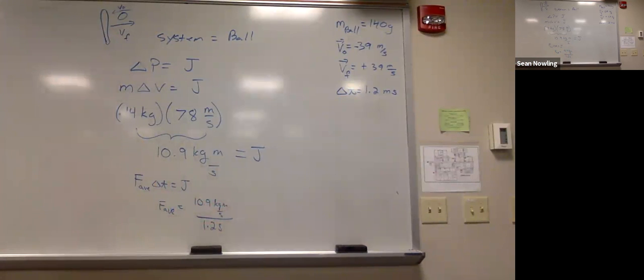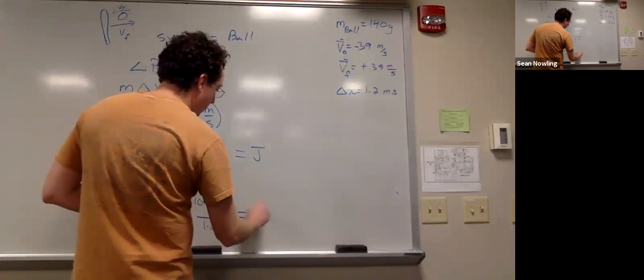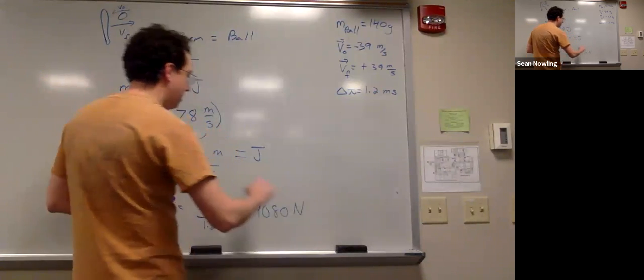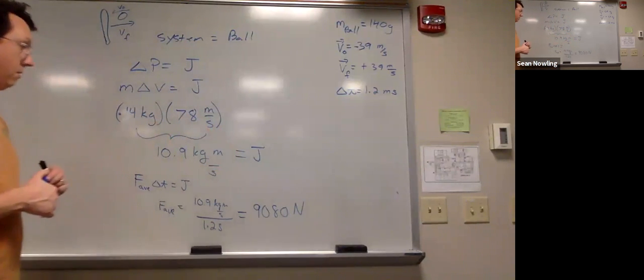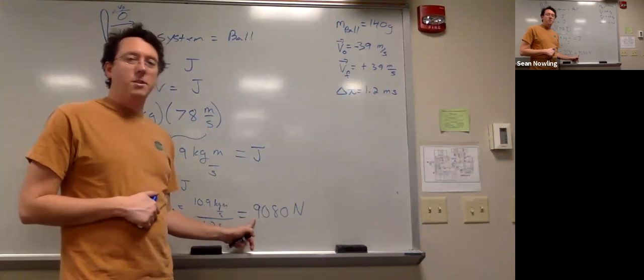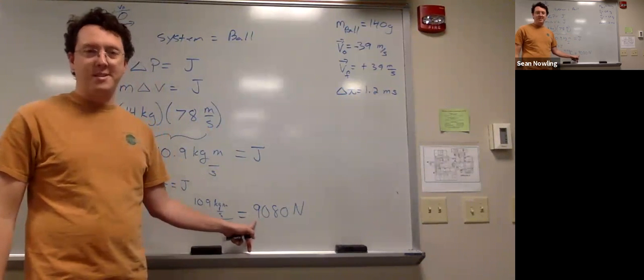And if you're going through the units, you can see that they cancel out. And the final answer that we get is 9080 newtons. Holy crap. Remember, when we killed the person on the roller coaster, we were talking about 5,000 newtons.